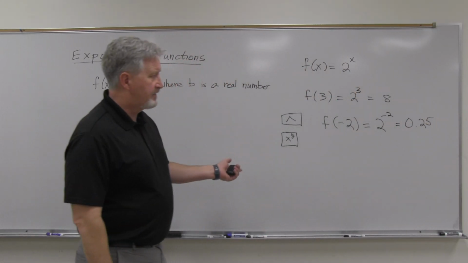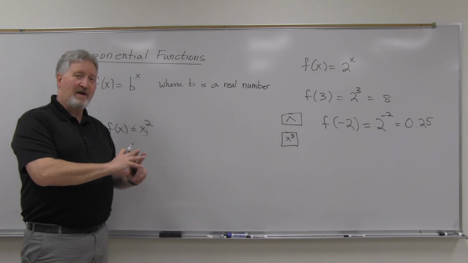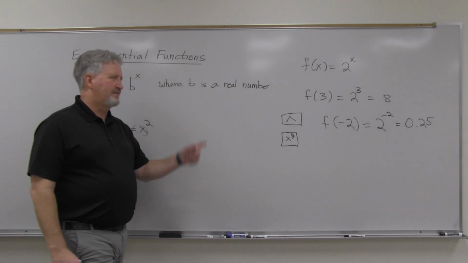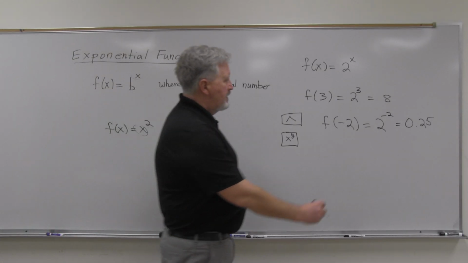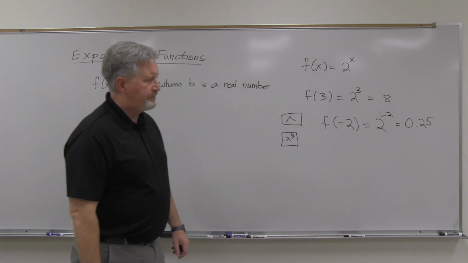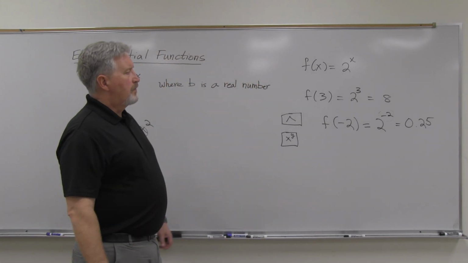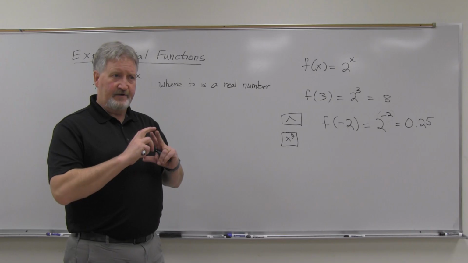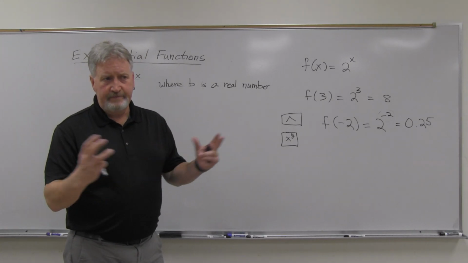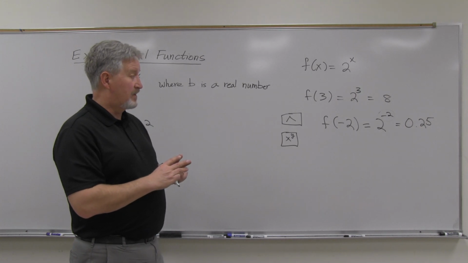But let's talk about, if you may need to have that in fraction form. So let's talk about that. Why is it 0.25? Well, what the negative power means is that it flips it. Basically, in a nutshell, an easy way to put it is it flips it.